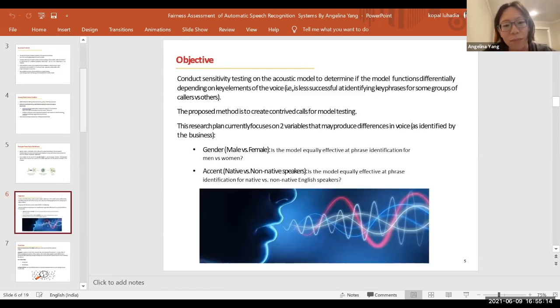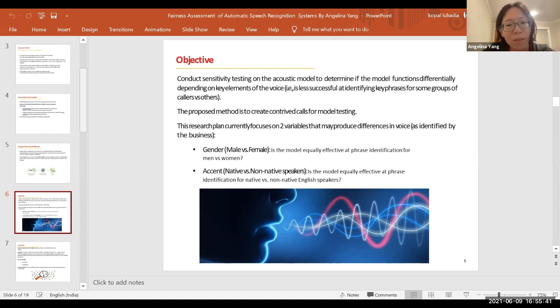So the objective of this study: we're hoping to conduct this sensitivity analysis on this acoustic model to understand if this model functions equally or differently depending on some key elements of customers' voices. So is it less successful at identifying some key phrases for some subgroups of the callers?